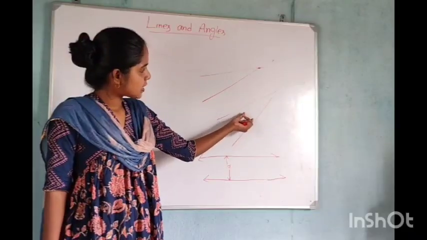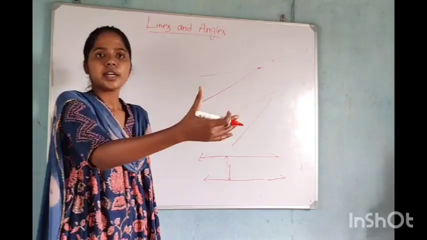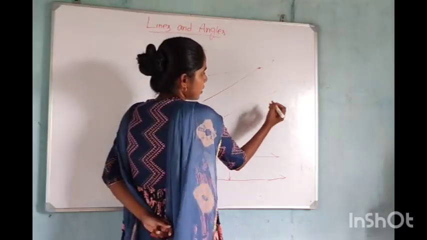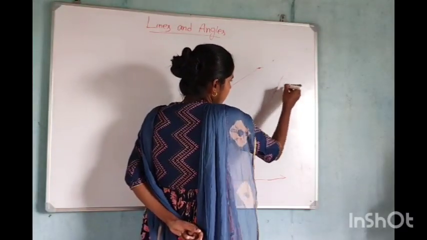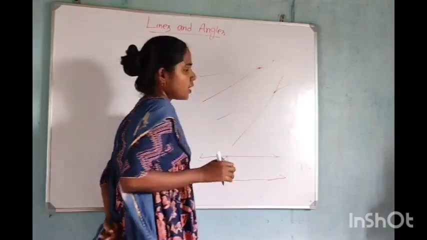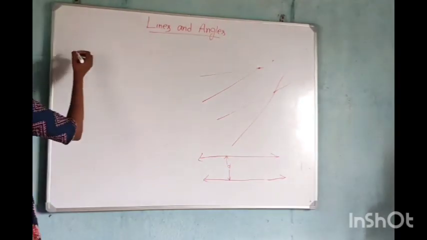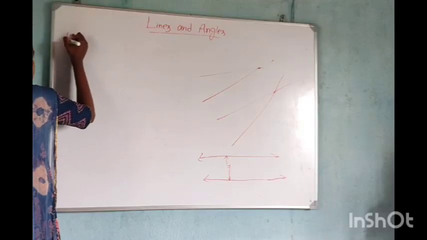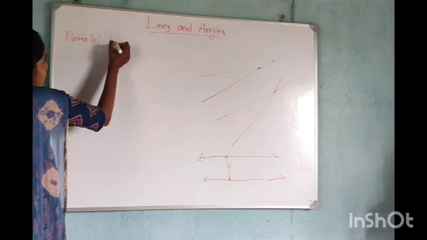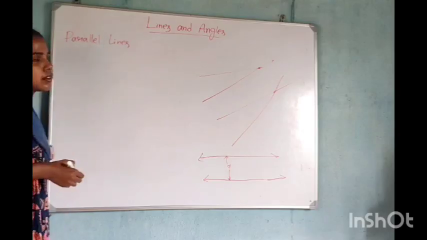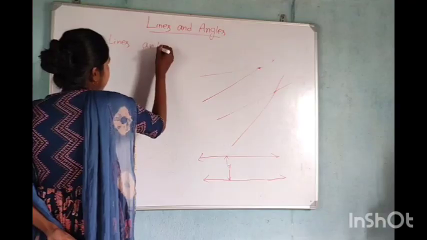Here we can see that it is not intersecting at least up to this point, but going further it will intersect. So there are two types of lines when we draw two lines: parallel lines or intersecting lines.